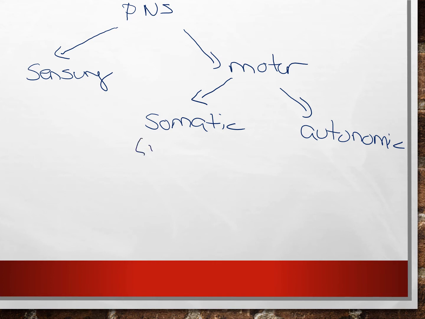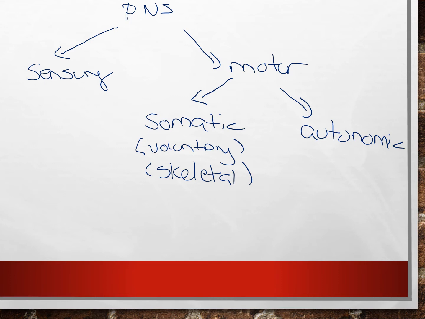Now, in the case of somatic, our somatic nervous system controls our voluntary muscles. Okay? So this is responsible for voluntary, right? Which means this is a part of your brain that controls your skeletal muscles. This is from your cerebellum. So somatic is voluntary muscle movement. So that's going to be your skeletal muscle. Obviously, autonomic looks like automatic, so that's going to be involuntary muscle movement.